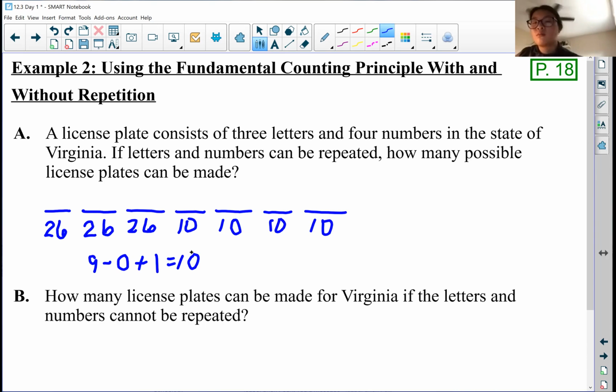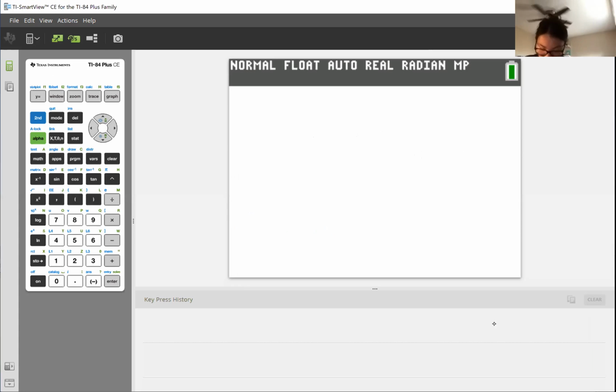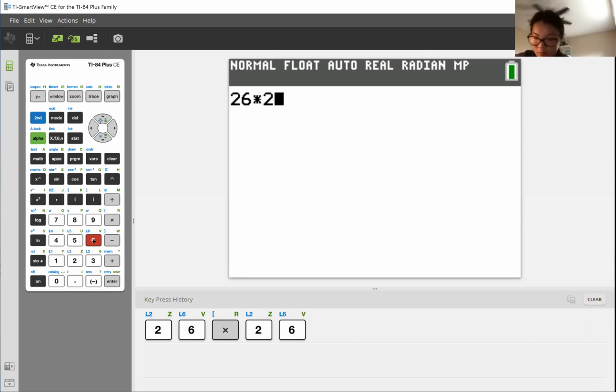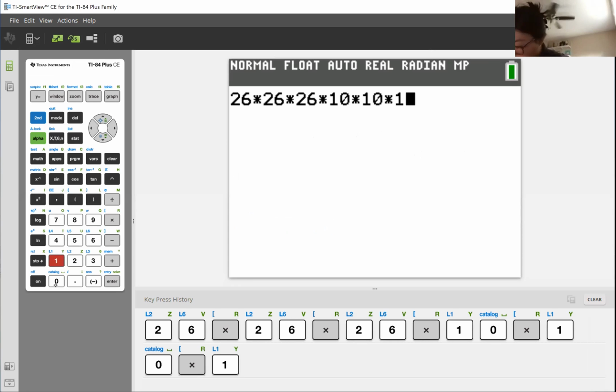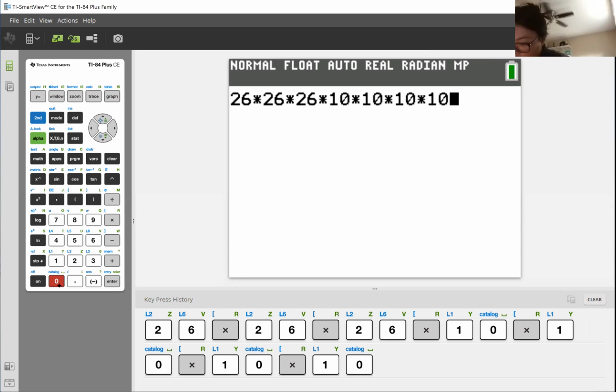And now we want to multiply those out. So if I pull up my calculator, 26 times 26 times 26 times 10 times 10 times 10 times 10.